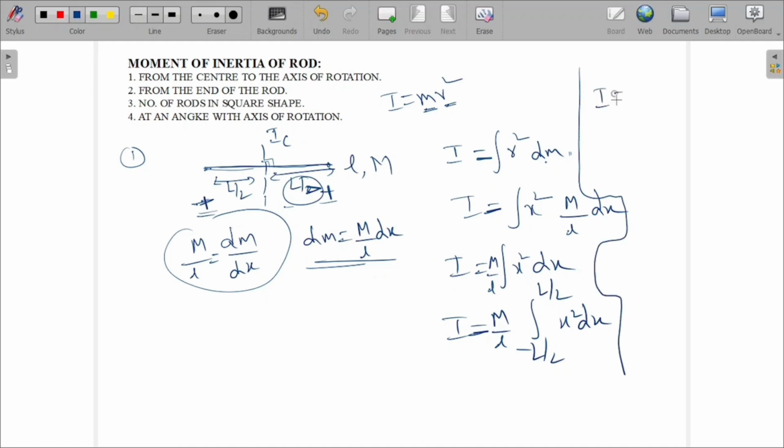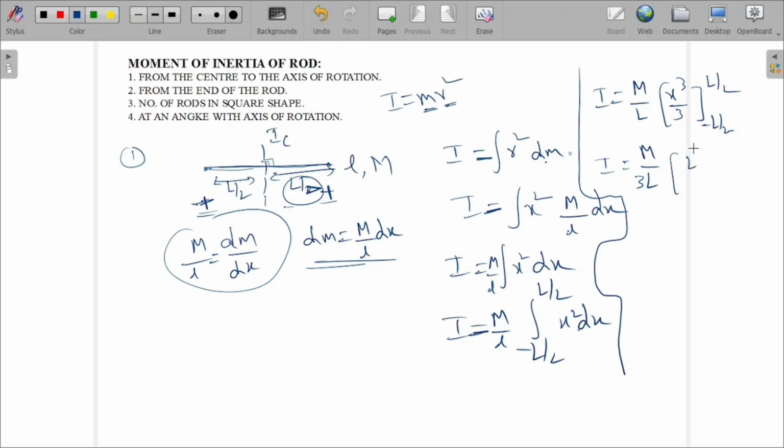I equals m by L integral x square dx, which is x power 3 by 3, from minus L by 2 to plus L by 2. So I equals m by L of, what is the simplification? 3 can be taken common out. Then replace x with L by 2 and minus L by 2.